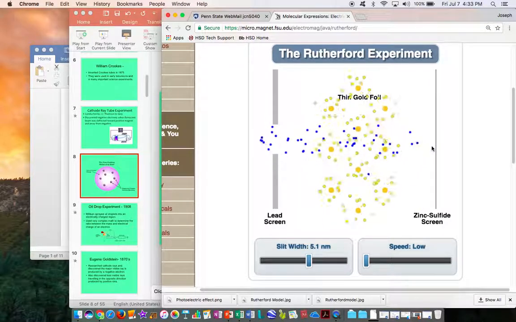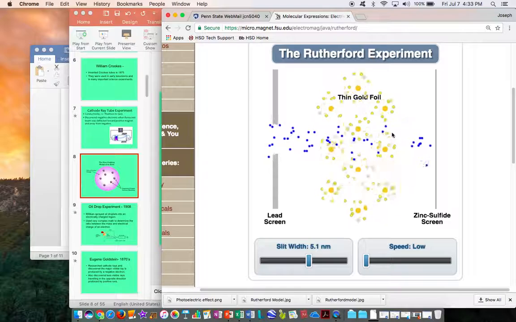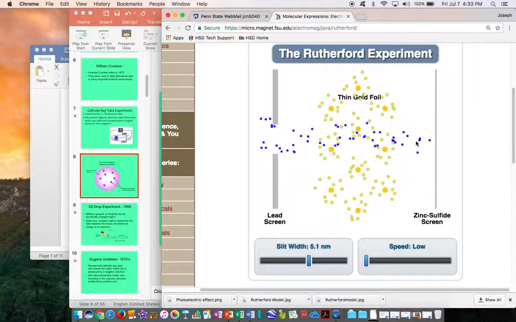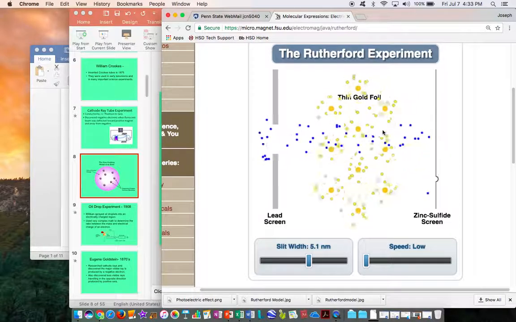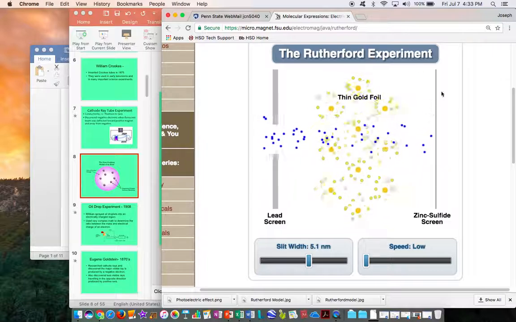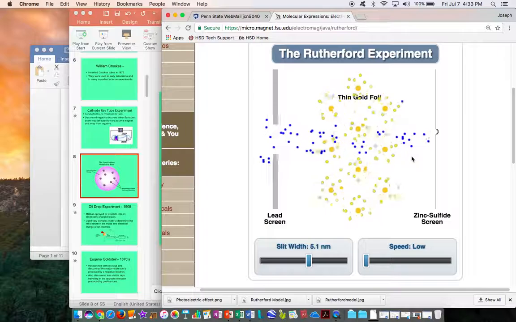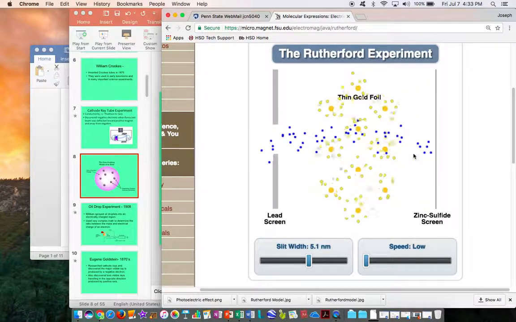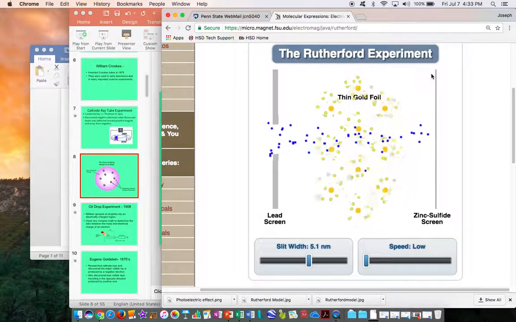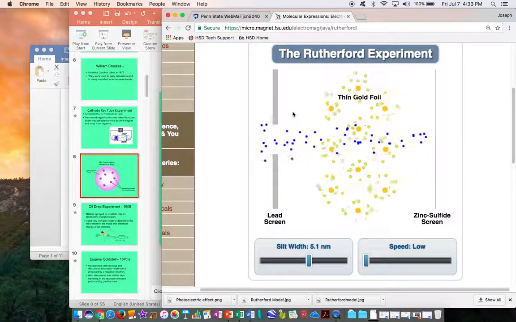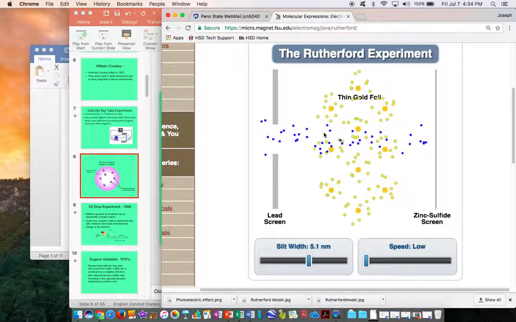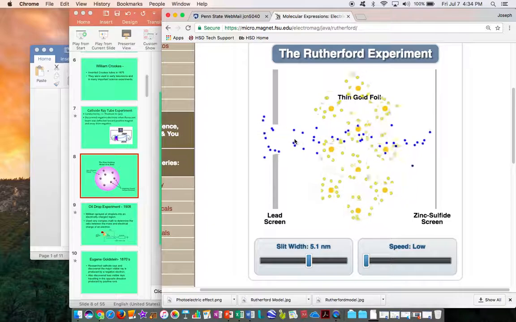Now, when Rutherford did the experiment, he expected to see very few of the particles go straight through, and he expected most of the particles to deflect at kind of small angles. And the thing you'll notice that's very peculiar here is that some of the particles deflect at very wide angles, and the other thing you'll notice is some of the particles are bouncing back.